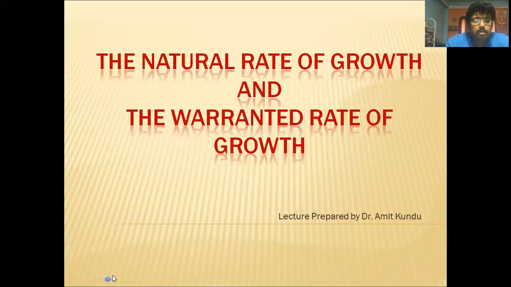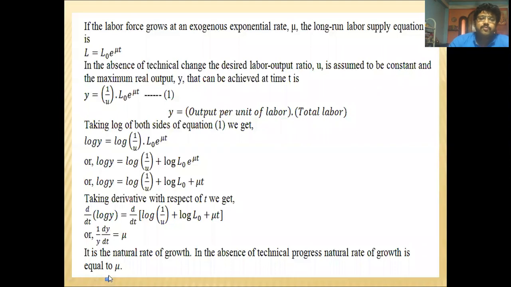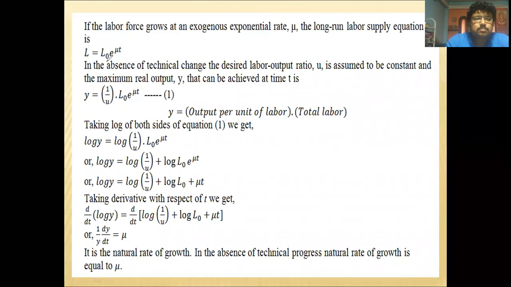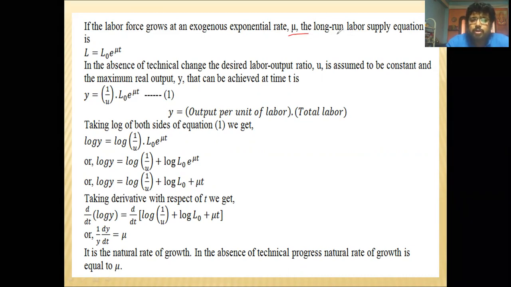So if the labor force grows at an exogenous exponential rate such as mu, the long run labor supply equation I have mentioned in my previous lecture is L equal to L0 e to the power mu t.